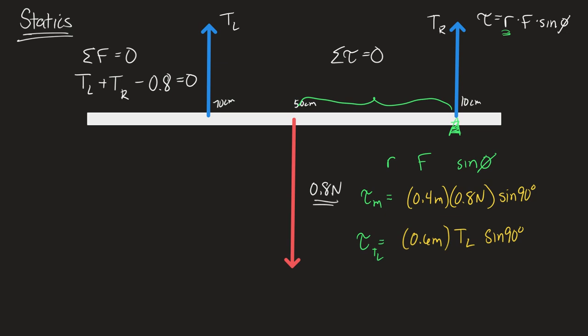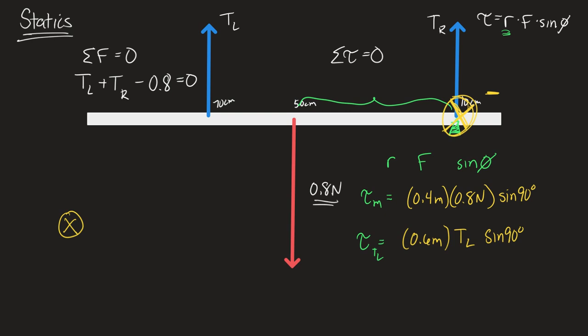Now, we have to take into account the direction. Do you want into the board to be positive or into the board to be negative? All right, so into the board is negative. I'm going to put it on the pivot point. Into the board is negative. Now the right hand rule.